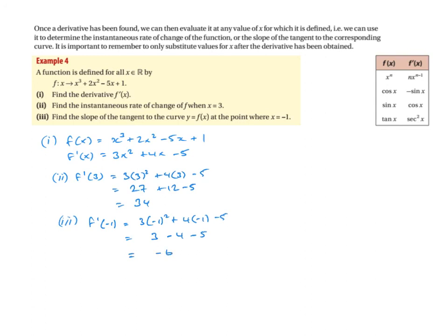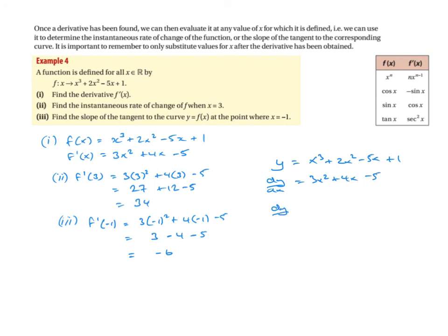Now there's also another way that you might see this. If I use the y and dy dx notation, I get y is equal to, in this case, x cubed plus 2x squared minus 5x plus 1. My dy dx would obviously come out to be 3x squared plus 4x minus 5 as before.